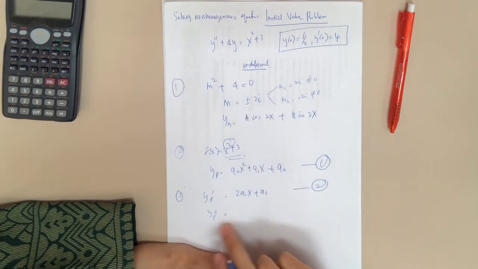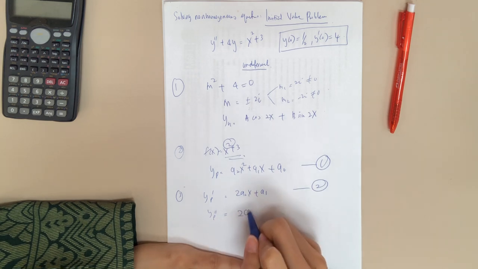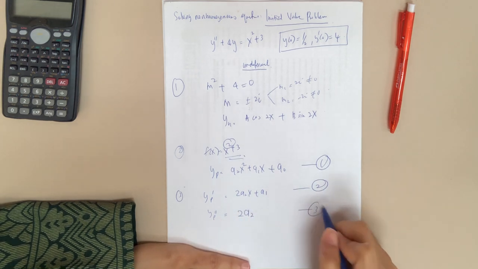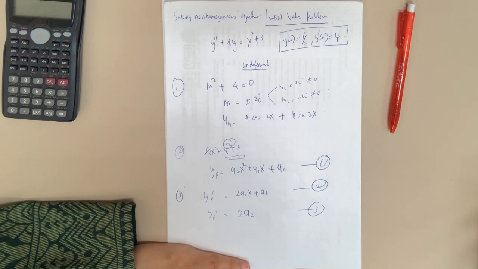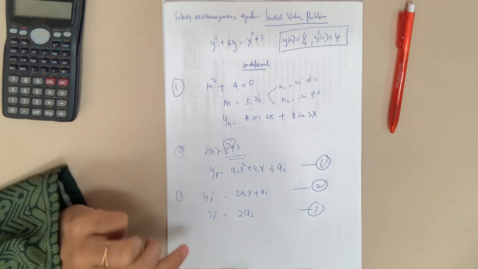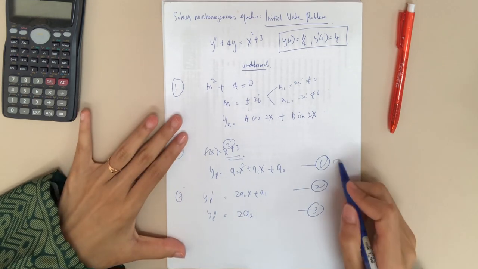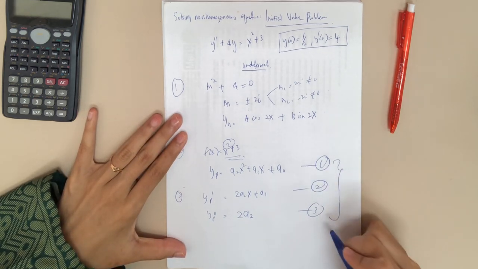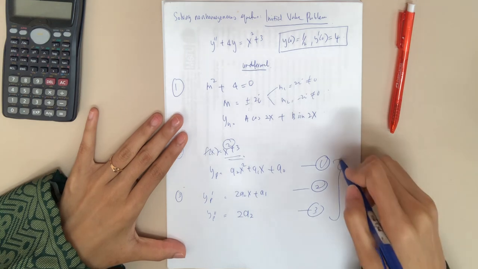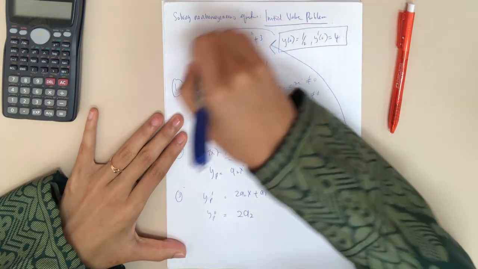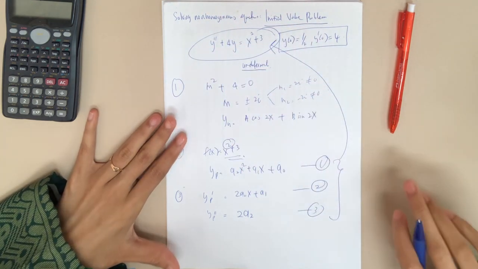The last one, yp double prime, will be 2a2. This is the third equation. What do we do next? We are still in step number 3. We need to substitute all these three equations into the original equation here.